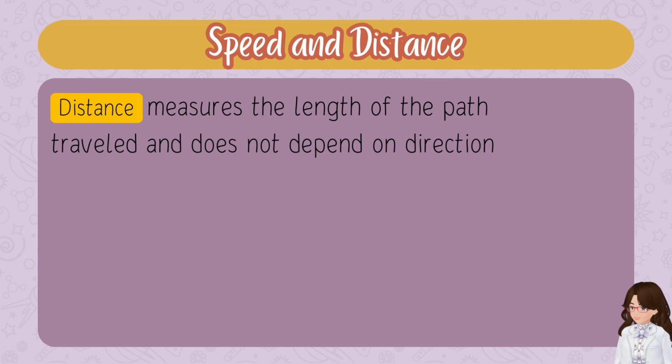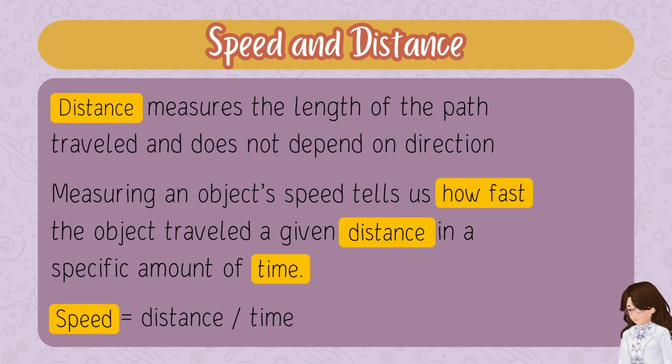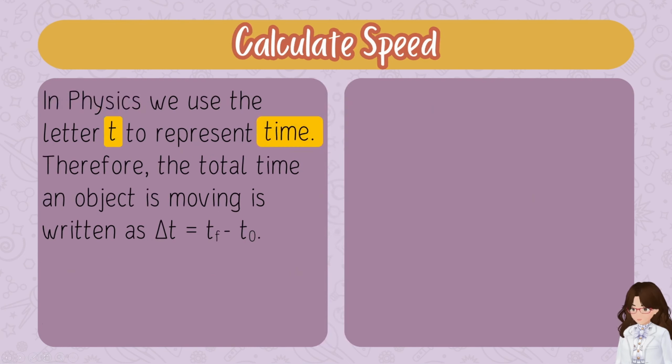Now, in comparison, recall that distance measures the length of a path traveled and does not depend on direction. Therefore, speed is also another way to determine how fast an object is moving. The difference is that it's looking at a certain amount of distance and a given amount of time. So it's still a ratio between those two values, so speed would be equal to distance divided by time.